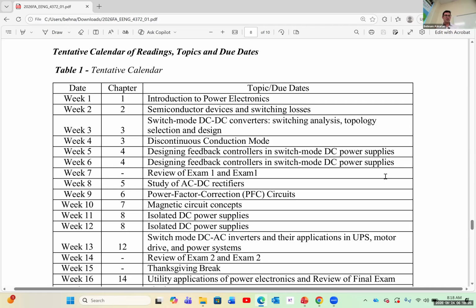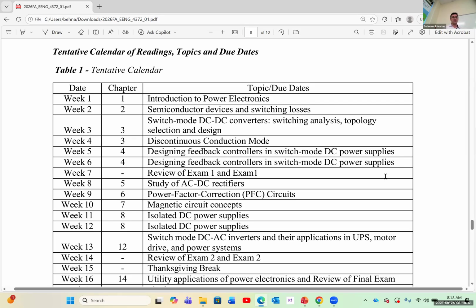Week 8 is going to be a study of AC to DC rectifiers. You are already familiar with rectifiers. You studied that in electronics, and here we want to go more into detail and solve more sophisticated rectifiers as well.